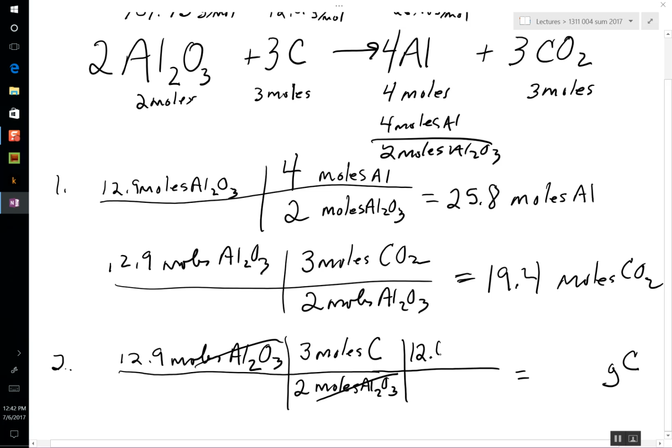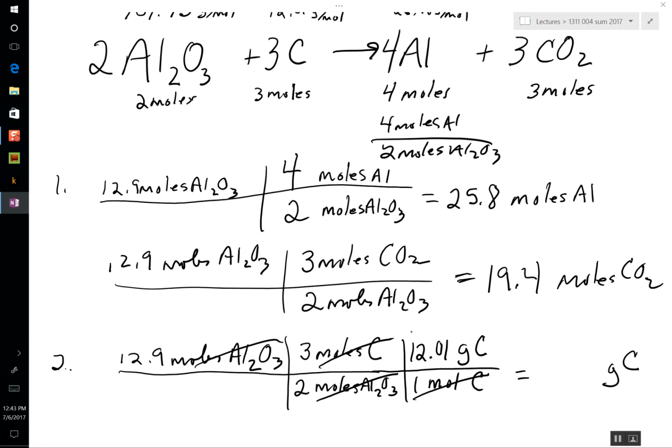And then it is 12.01 grams of carbon per mole of carbon. And if you'll notice, when I do my problems, I would recommend you do that too: I don't just say 12.9 moles. Moles of what? Because I need to know where I'm at. Cross out moles of aluminum oxide. I know now that I am at the moles of carbon stage.